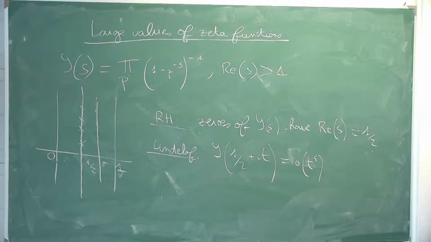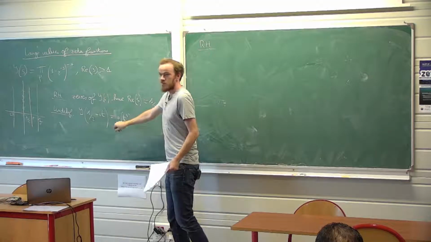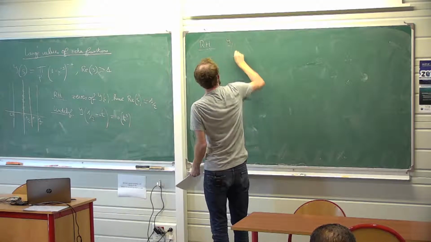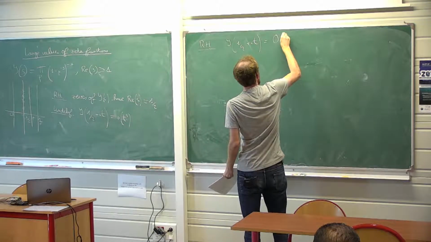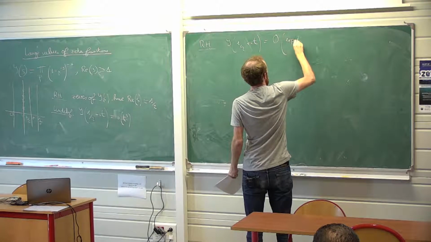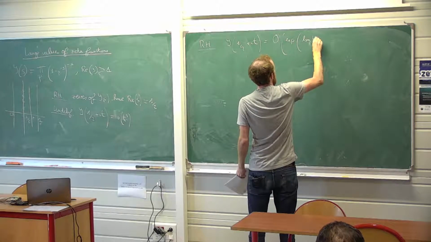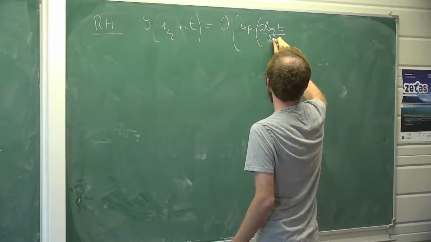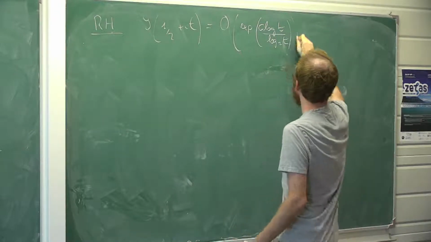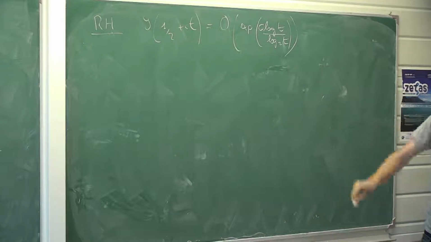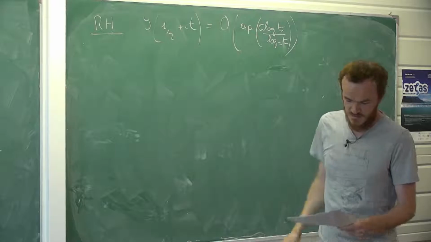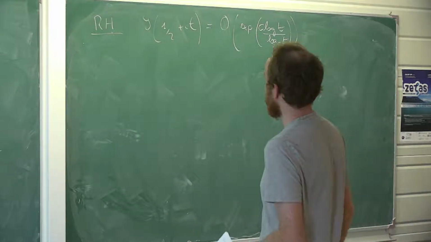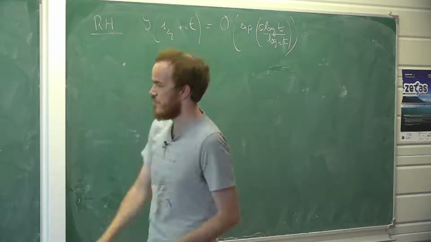If we suppose the Riemann hypothesis, we can actually prove that it's even smaller, up to some constant. So if we assume the Riemann hypothesis, we even have a better control on the size of the zeta function. And we can have the same thing, for instance, on the one line.